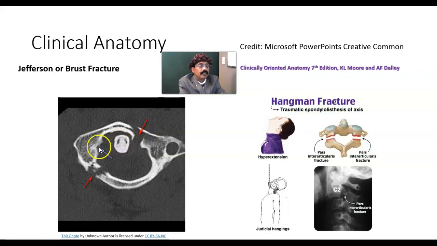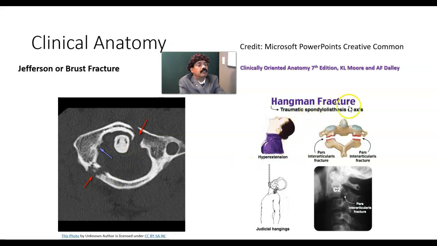This may not cause quadriplegia provided the ligament is not broken or the dens is not pressing on the upper part of the spinal cord, the lower part of the medulla oblongata. So depending on the type and extent of injury, it may or may not cause quadriplegia.